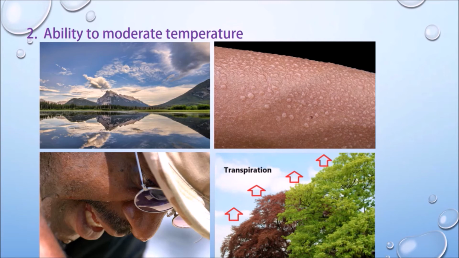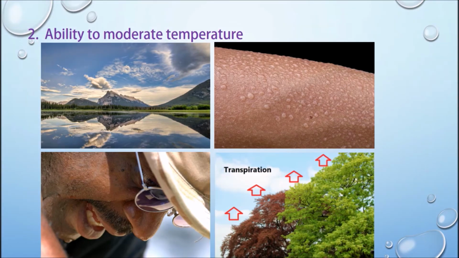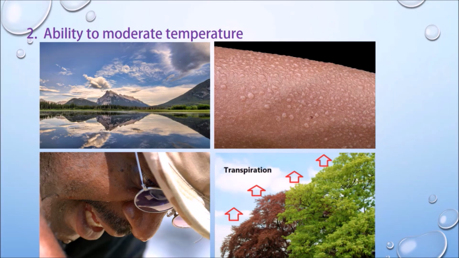I think you have experienced sweating when you are in hot surroundings. The increased sweat secretion from the sweat glands promotes heat dissipation through evaporative cooling. An organism can release much heat energy with minimal loss of water due to the high heat of vaporization. It helps to maintain the body temperature at a constant level.